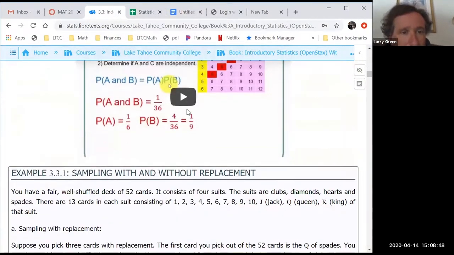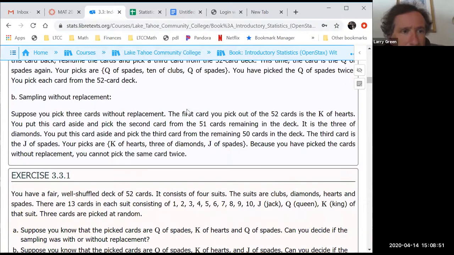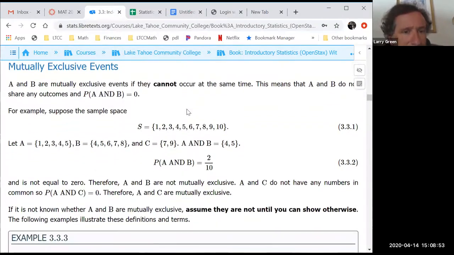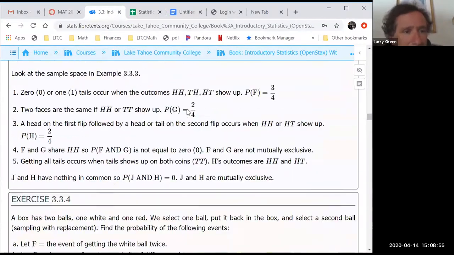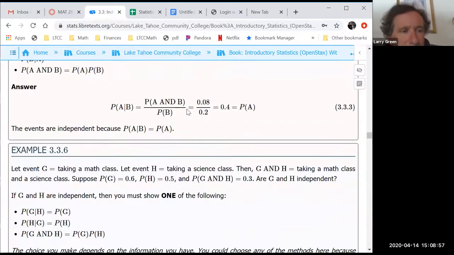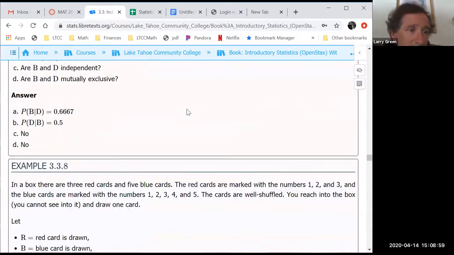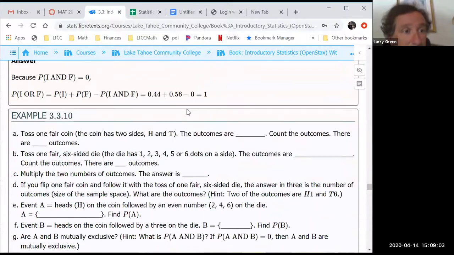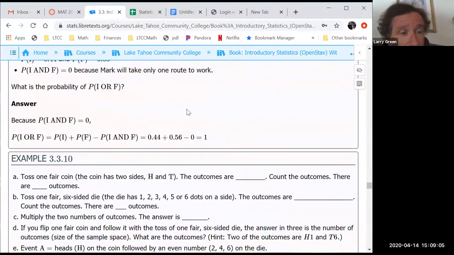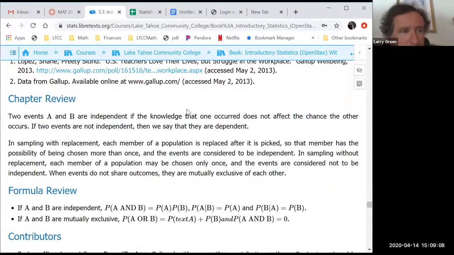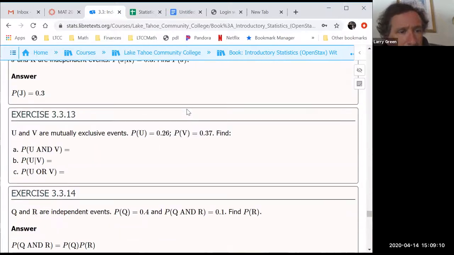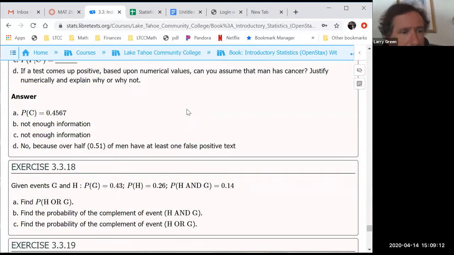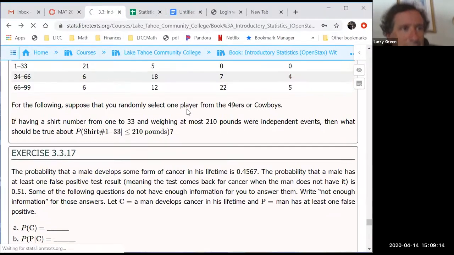Here's probability. Sorry, I apologize for that.